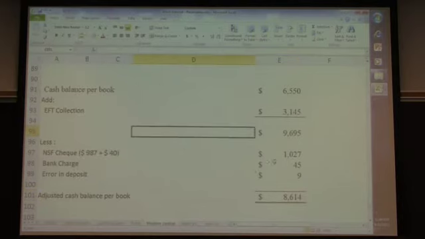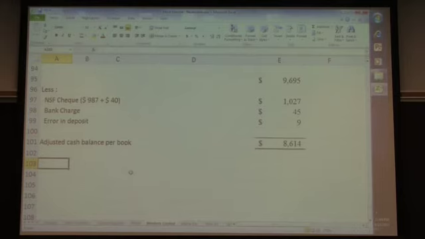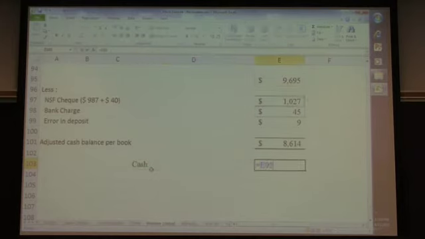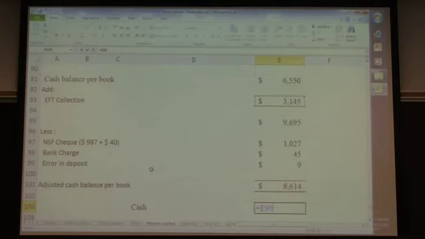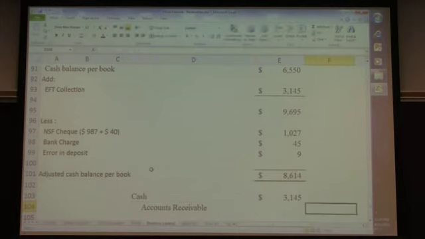Now the next step is we would have to do all the adjusting entries relative to the adjustments we made on the book side. So again, the electronic cash payment, we would basically debit the cash for the amount of $31.45, and then we would have to credit the accounts receivable for $31.45 because that has now been collected from the bank.